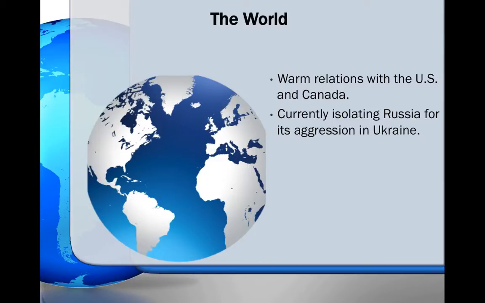Along with the rest of Europe, France is attempting to isolate Russia because of its aggression in Ukraine. Now, not only is Europe dependent on Russian natural gas and other fossil fuels, but Russia's economy is very much reliant upon these industries as sources of revenue.